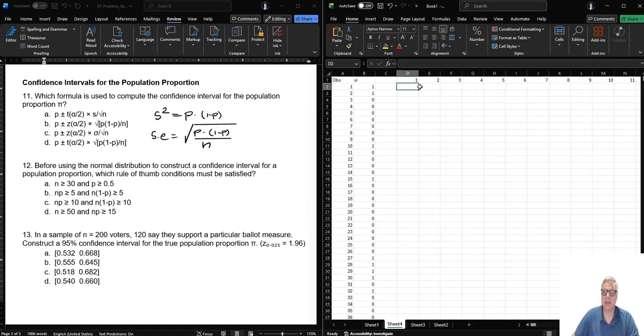Okay, and so now let's say I take from that sample of 10,000 observations always a sample of 100 people. And I ask them, do you go swimming, yes or no?